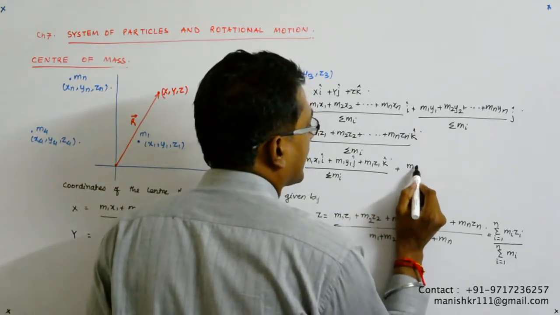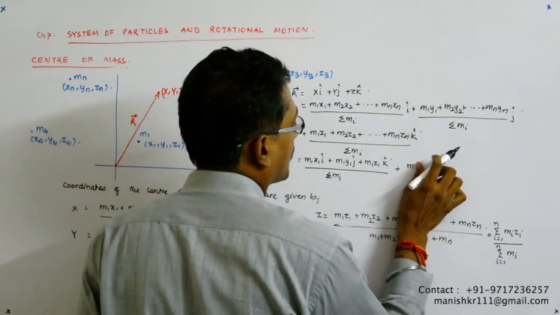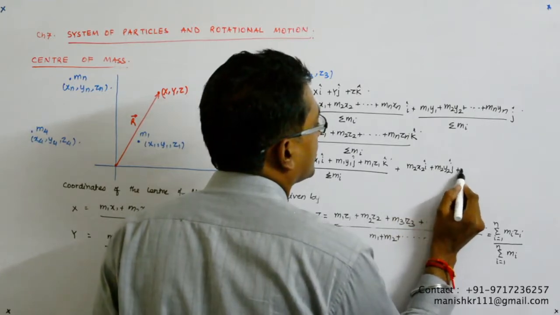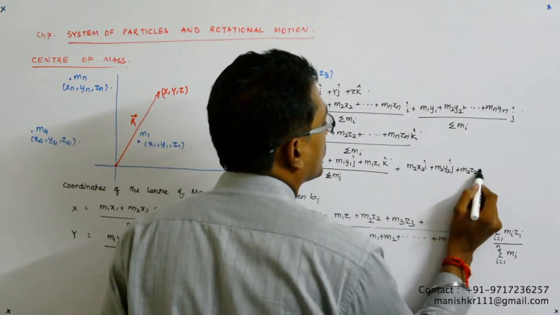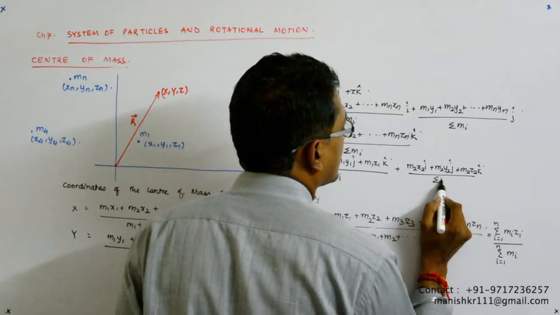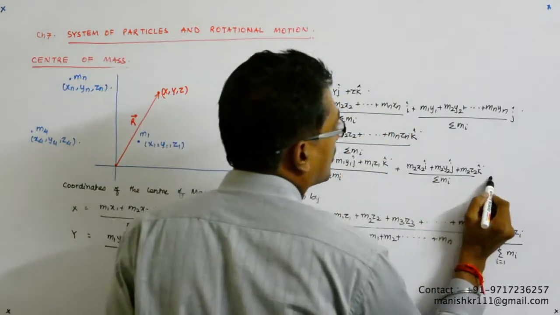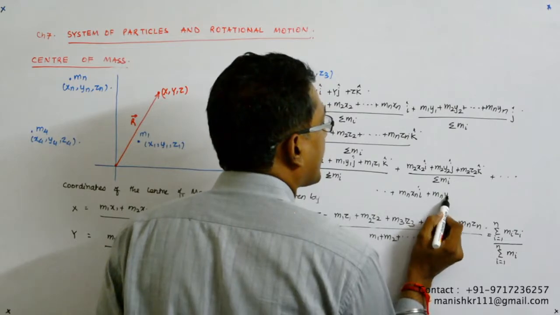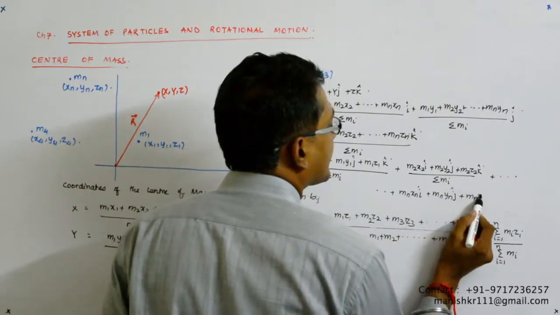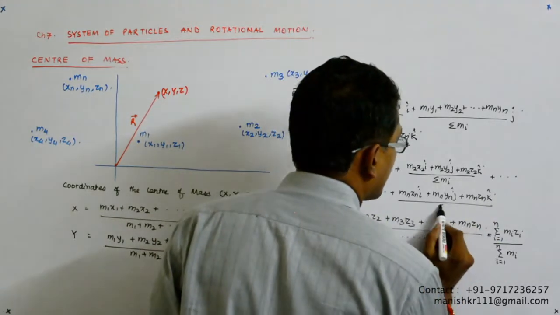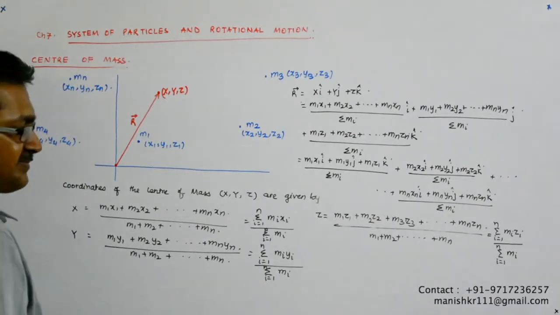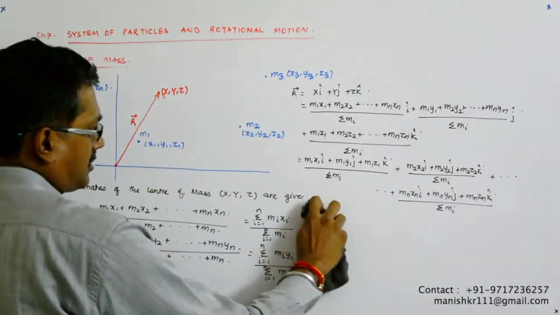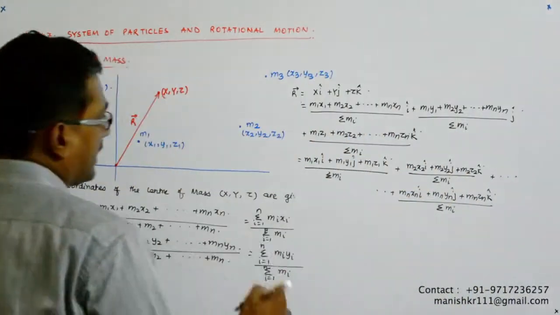This is one of the terms. The next term is m2 x2 i cap plus m2 y2 j cap plus m2 z2 k cap upon summation mi, plus dot dot, mn xn i cap, mn yn j cap, mn zn k cap upon summation mi. Correct? Now what is this?